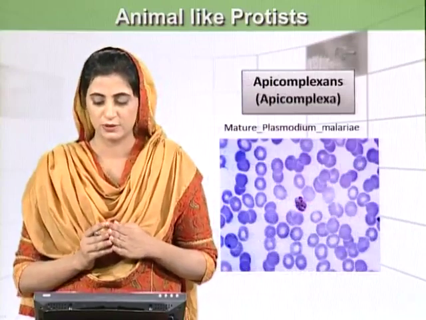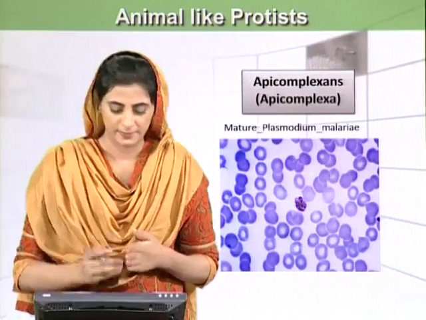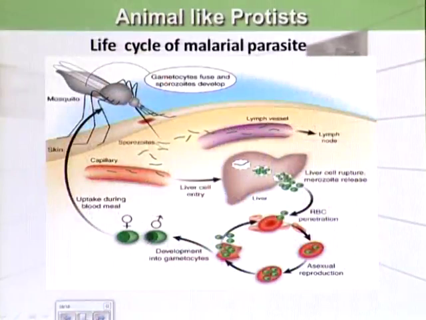You can see here the mature Plasmodium malariae cells, and we will study the life cycle of the malarial parasite here. When the mosquito bites a human, it injects sporozoites into the human body.